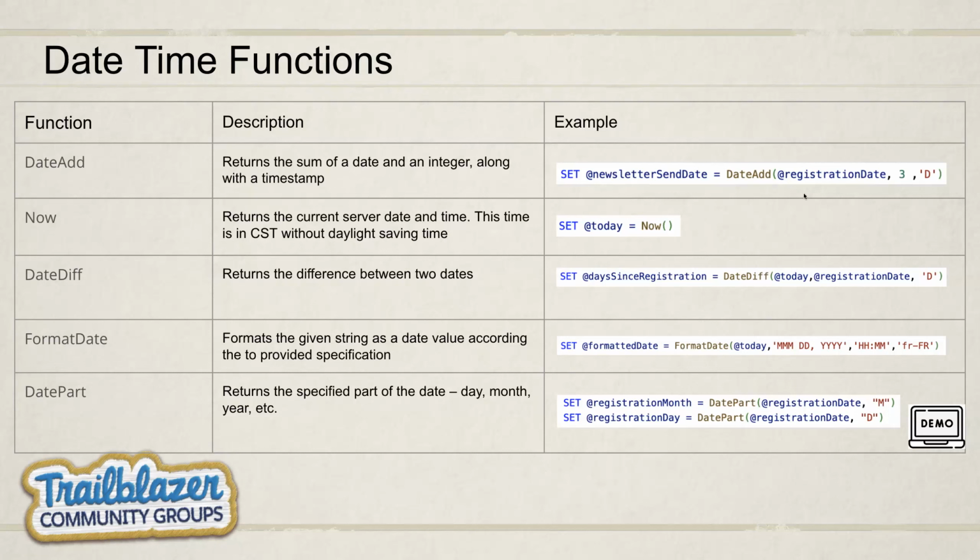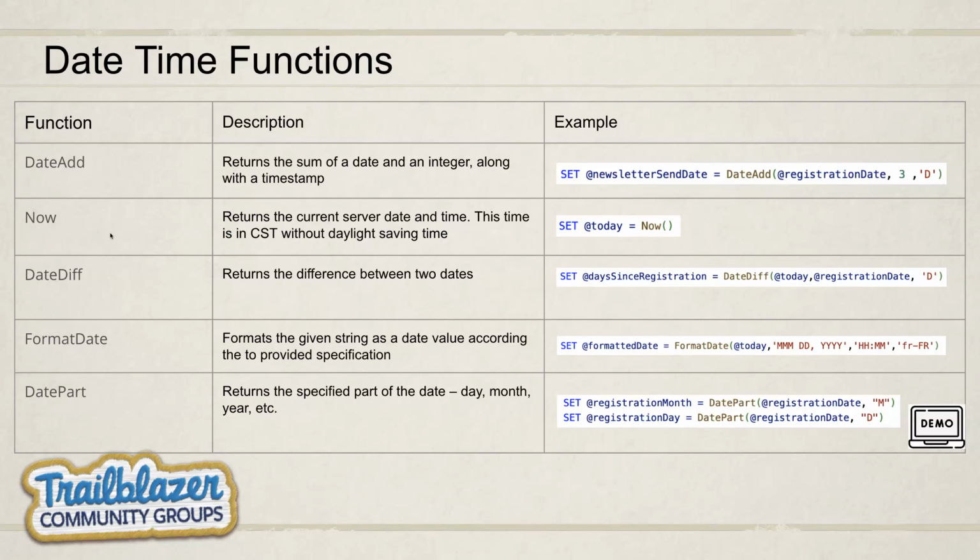What that does is it adds that integer value to the date and returns you the new date. For example, if you pass in today's date here, pass in 1 as the second parameter, and then pass in D, it would give you tomorrow's date. If you pass in M, then it'll give you the date for the next month, Y next year, and so on.